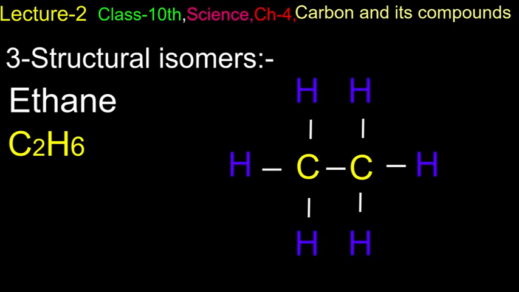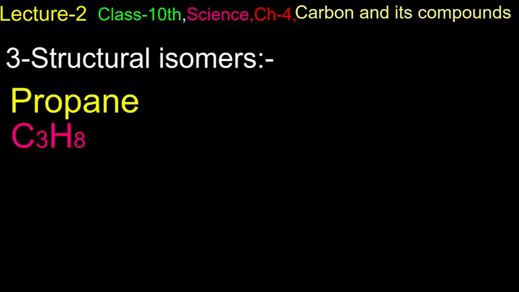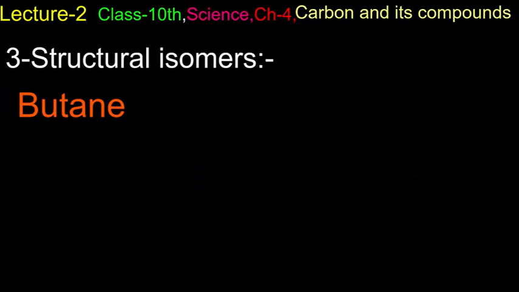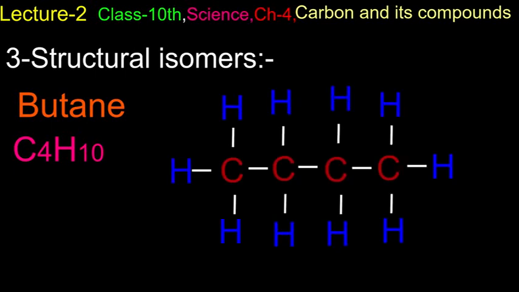In ethane also no other structure is possible. Next comes propane, 3 carbon atoms and 8 hydrogen atoms. Formula is C3H8. It also cannot have any other chain structure. Next is butane. Its chemical formula is C4H10. One straight chain structure is CH3, CH2, CH2, CH3.